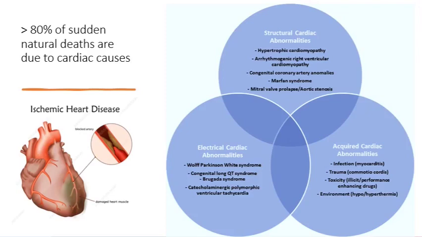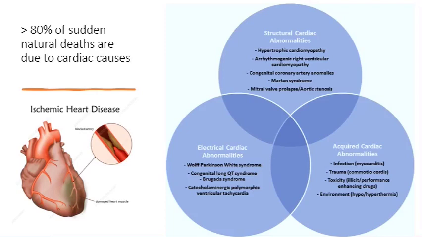And of course, once the blood flow is reduced to a critical extent, that can lead to an infarction of the myocardium, of the heart muscle that is supplied by that particular artery. So this is generally referred to as a heart attack.